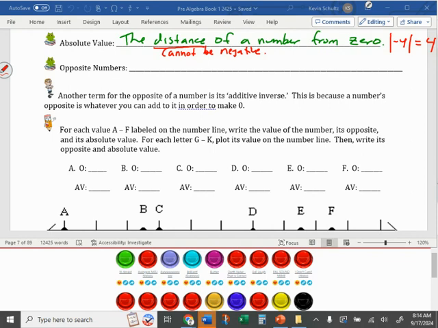And then opposite numbers are numbers with the same absolute value.